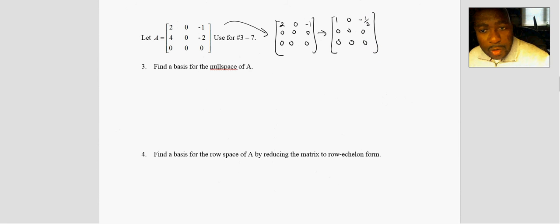Well, you look along the main diagonal and notice that you have a leading 1 at that first position. That tells you that the basis for the row space will only be just that one row. But the basis for the null space would consist of the terms whereby x sub 2 and x sub 3 are said to be arbitrary.